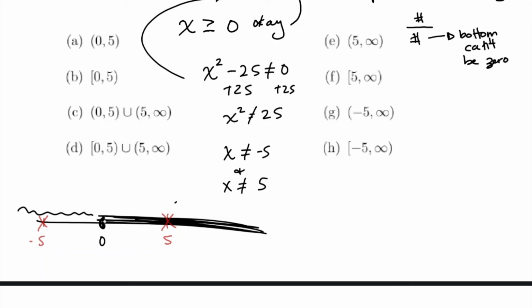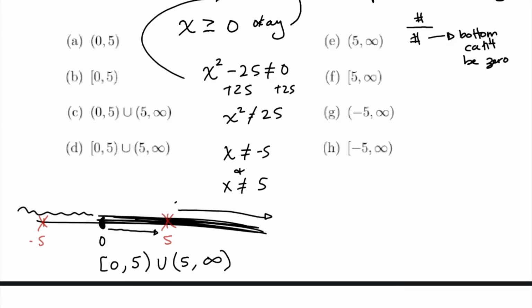So our lowest value we could be okay with is 0. I could equal 0, and I could go all the way up to 5, but because I can't equal 5, I've got to use an open parenthesis. Then I've got this next branch, so we do our union, and we pick back up at 5, not equaling it. And you see we're okay with everything else going out to infinity. So this would be my answer.